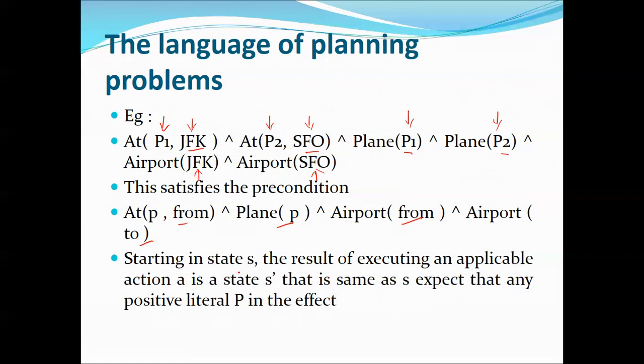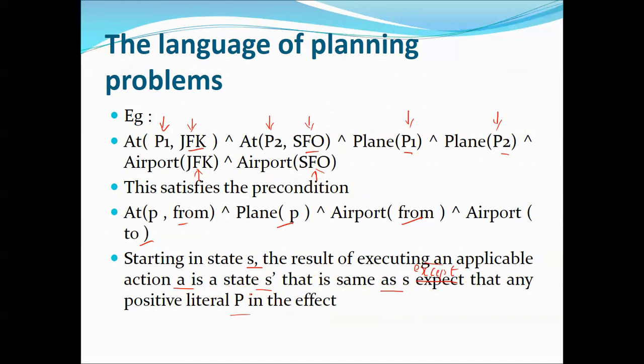Starting in state S, the result of executing an applicable action A is a state S' that is the same as S, except that any positive literal P in the effect is added.